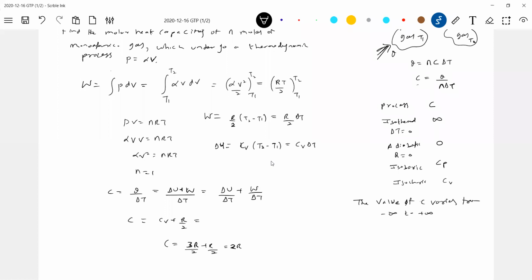I'll scroll down and take the next problem. Just see, the same method will be used in several problems, the same idea.